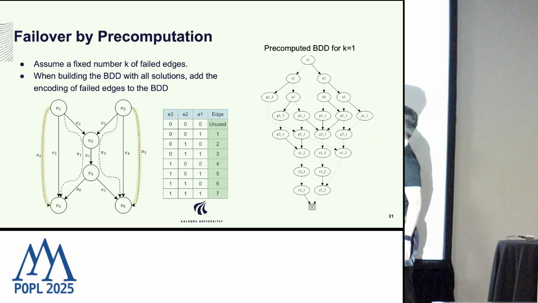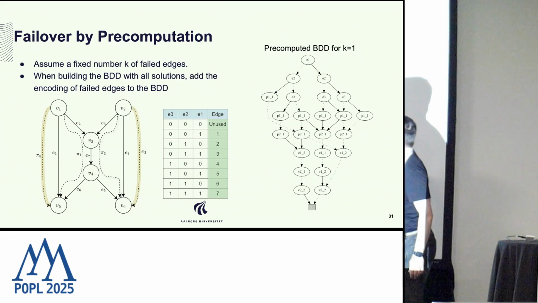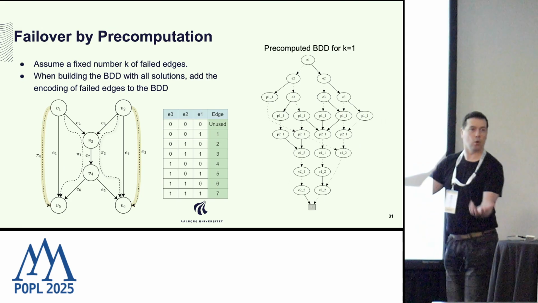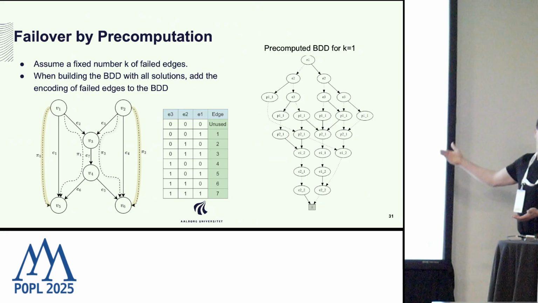And if, for example, this is 0, 0, 1, this means H1 is failing, then I have the BDD of all the solutions assuming that H1 is failing. And of course, you can do it for more than one, but then it starts exploding because you need to introduce more and more variables.